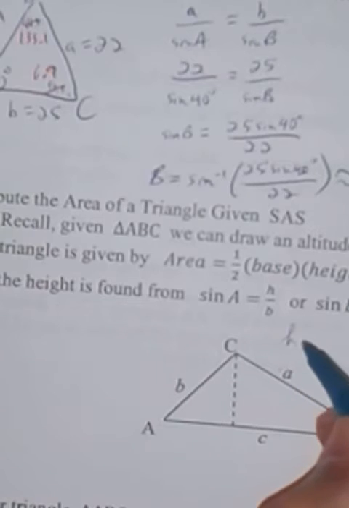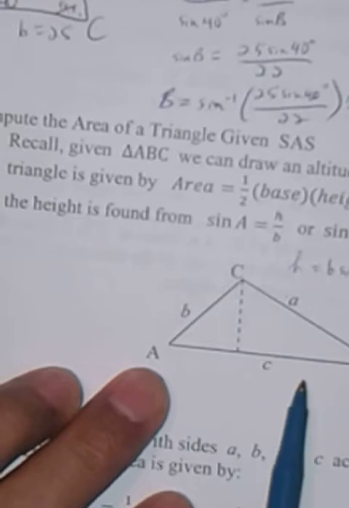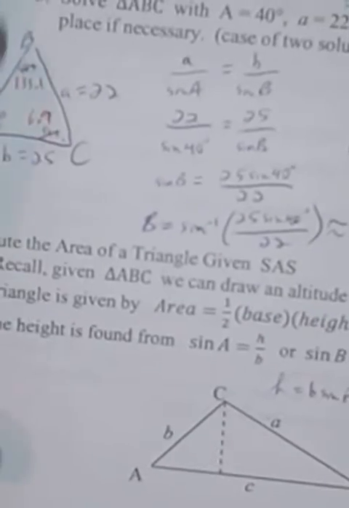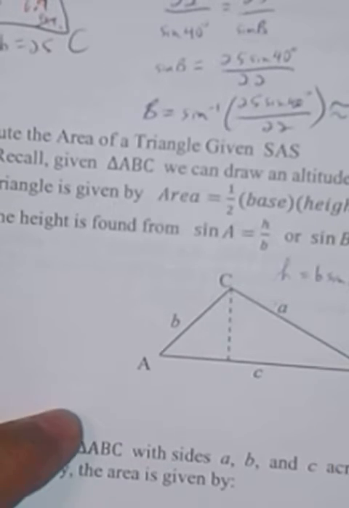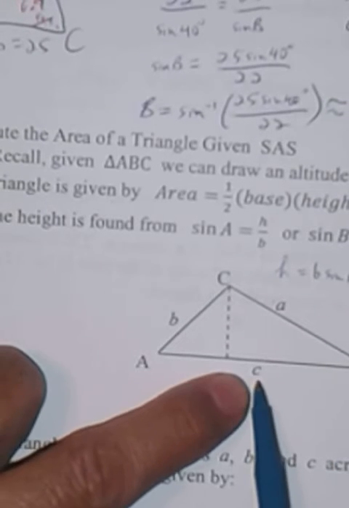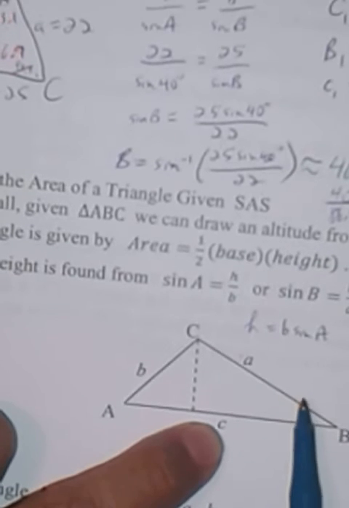So h equals b times the sine of angle A, or h equals side a times the sine of angle B. And then notice the base of this triangle is c. And remember, the area is 1/2 the base times the height. So we could say it's 1/2 side c, that's the base, times the height.